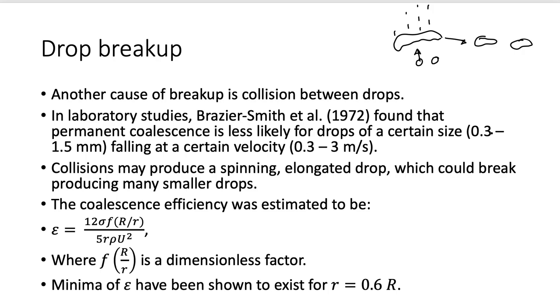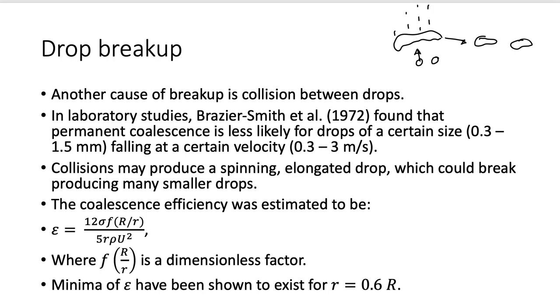We talked about the probability of having coalescence, or the efficiency of coalescence, which was somehow minimized for the radius of the smaller droplet equal to roughly half of the radius of the bigger droplet.